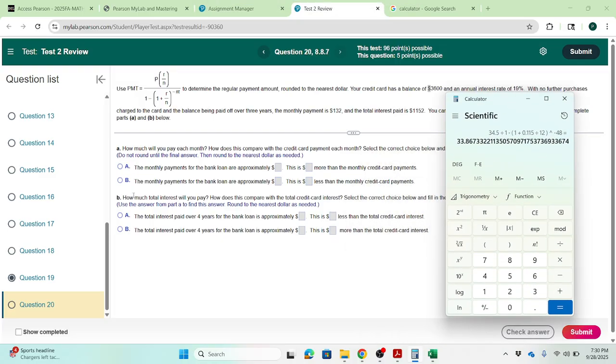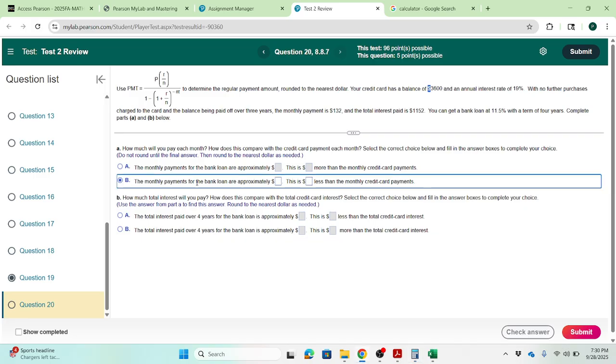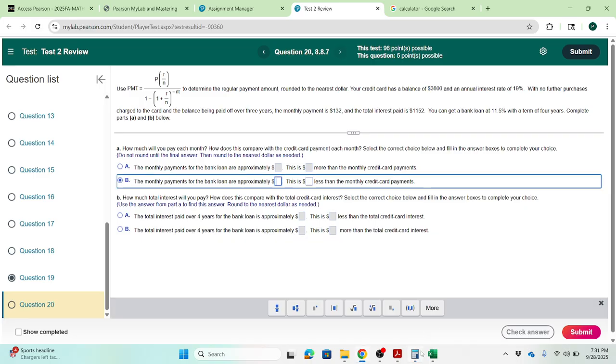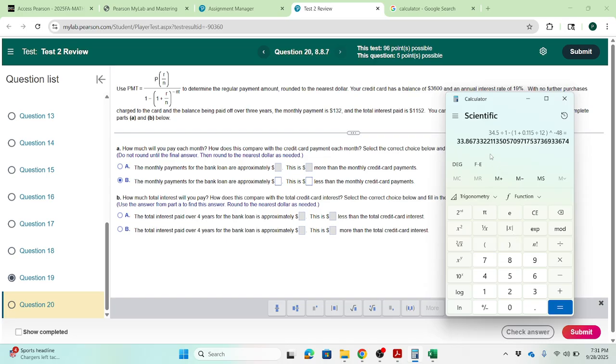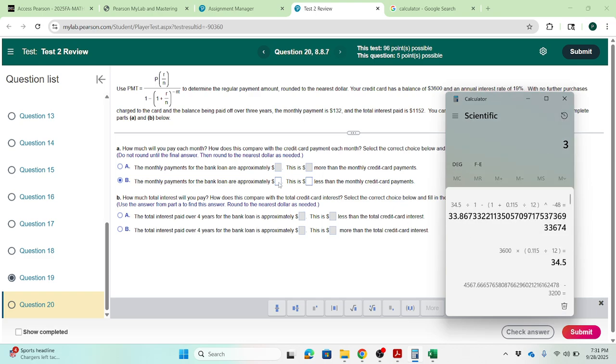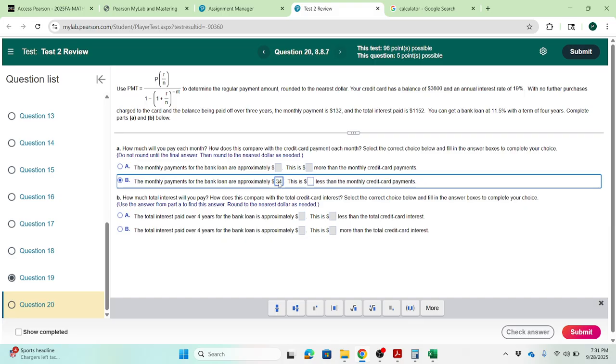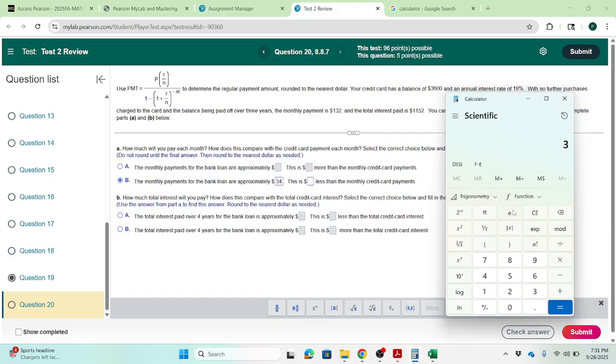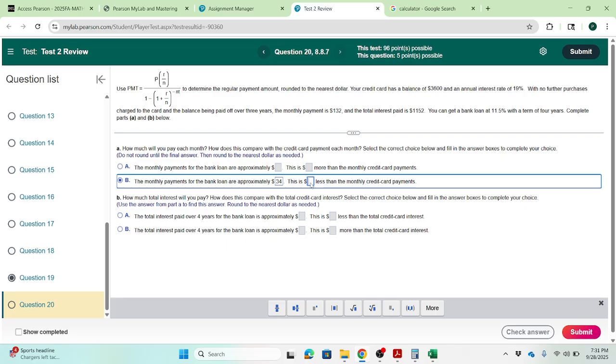So the answer is part B. The monthly payment for the bank loan is approximately $34. $34, which is how much less than $132? 132 minus 34, that's $98 less than the monthly credit card payment. Remember, this is the loan for 4 years, this is the payment for 3 years.